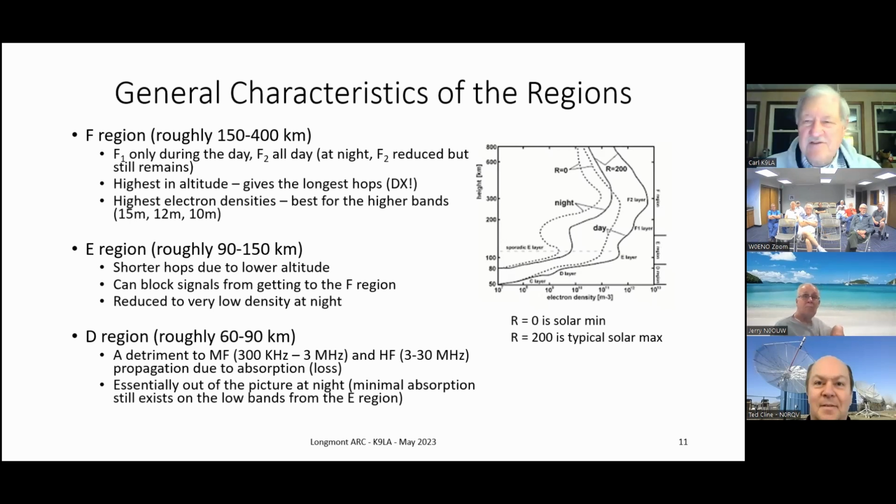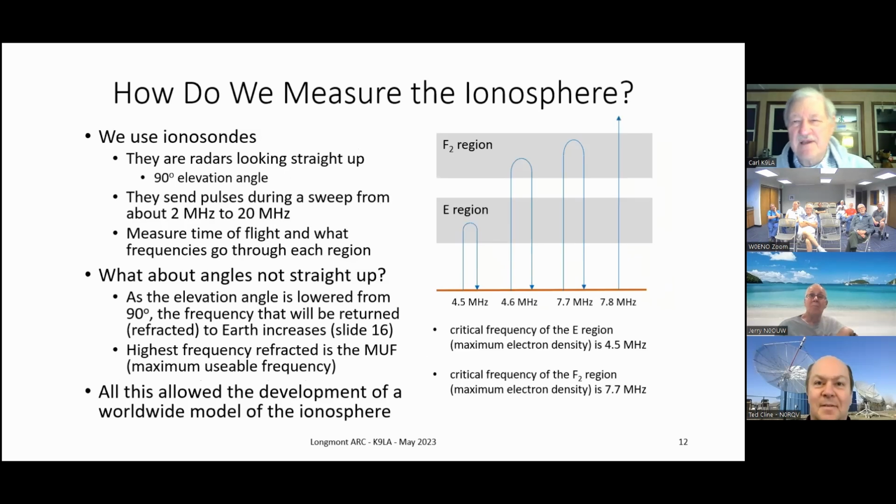And on that sketch on the right, you can see there's day, night. Also at solar minimum, which is the R equals 0 curves, and R equals 200 is a typical solar maximum. And you can see the difference in the ionosphere between day and night, and also over a solar cycle.